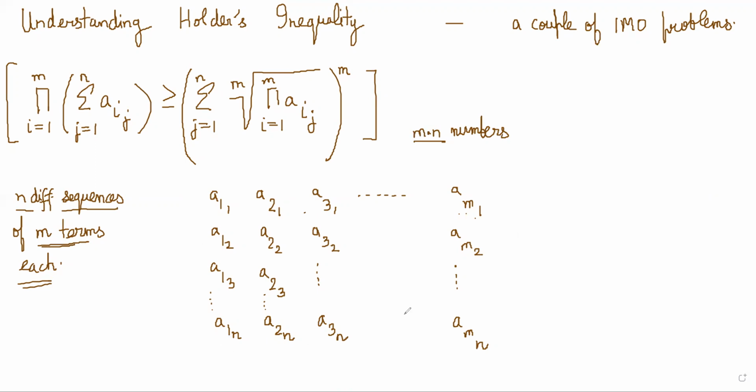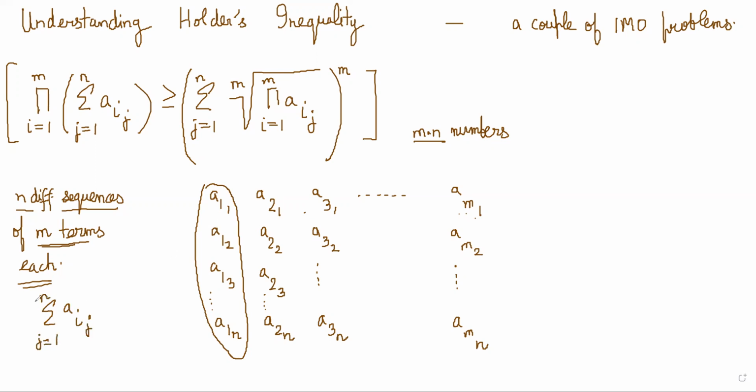Now, the way to understand Holder's is to take these columns and take the sum of the columns. The sum of a column would be A11 plus A12 till A1n, which is basically the summation of Aij with j from 1 to n.